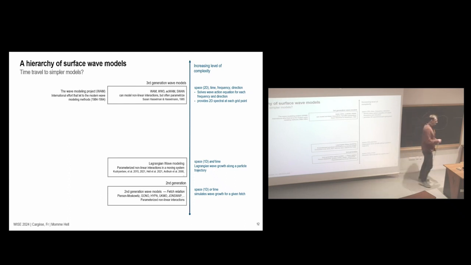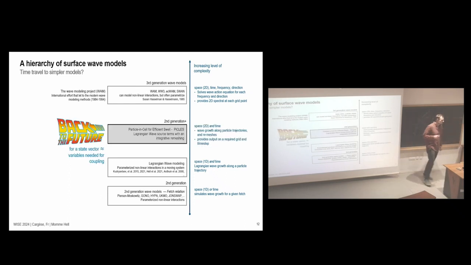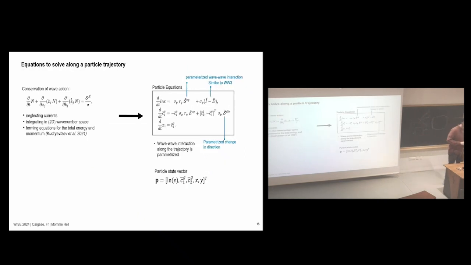And what we do is something a bit between, right? We basically go back in the future. On purpose, we go before the innovation from the Hasselmanns and sit here. We do second generation plus. That means we do this Lagrangian wave modeling, but we're adding a regridding term so that we actually resolve 2D space and time. That's what you want if you couple it to standard Eulerian systems.